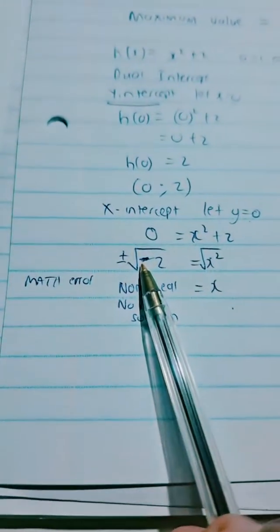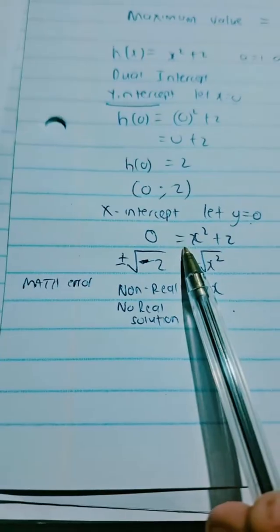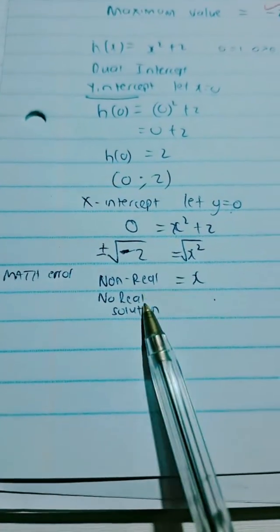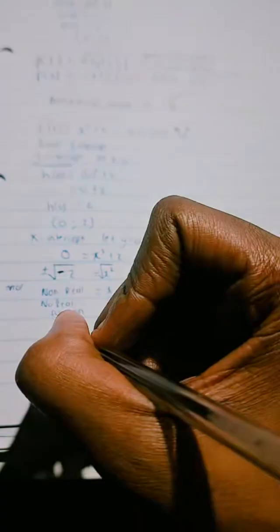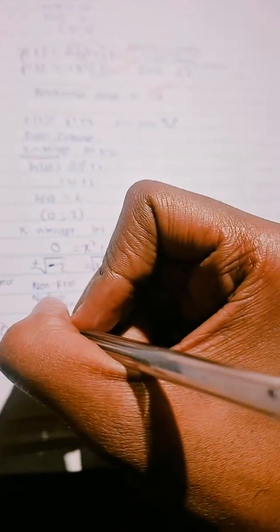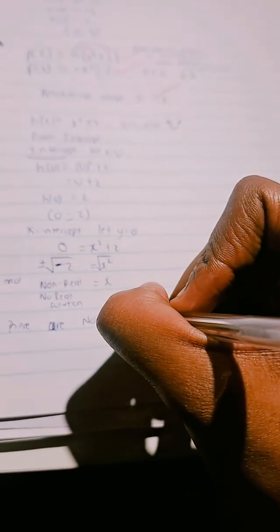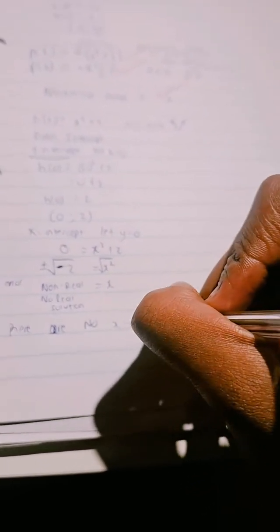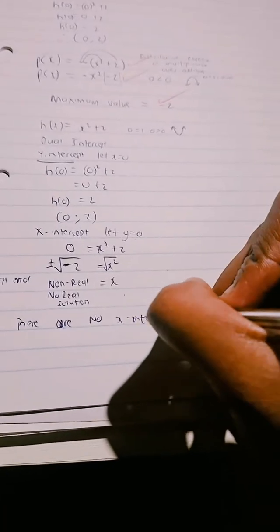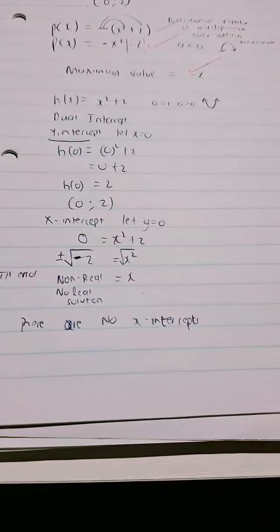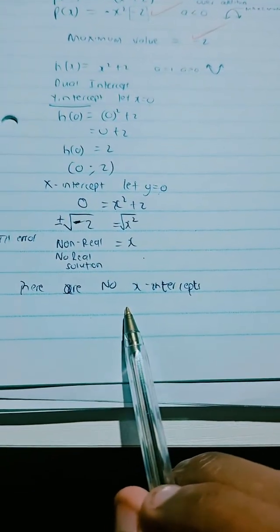Remember, guys, a negative number inside an even root is non-real. So in other words, what this is saying is that there are no x-intercepts. This graph that you are going to be sketching has no x-intercept.